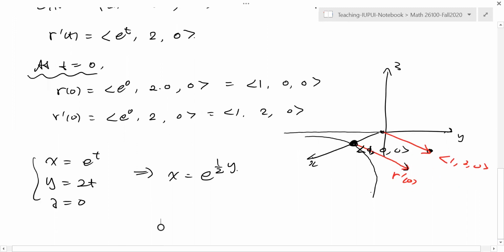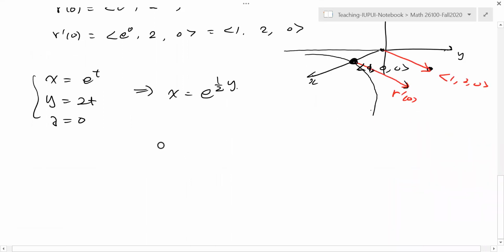Then we can have the parametric equations for the same curve, and since those functions are simple, we can find the relation between x and y. Then you realize that the curve is a graph on the xy plane, which is the graph of an exponential function.